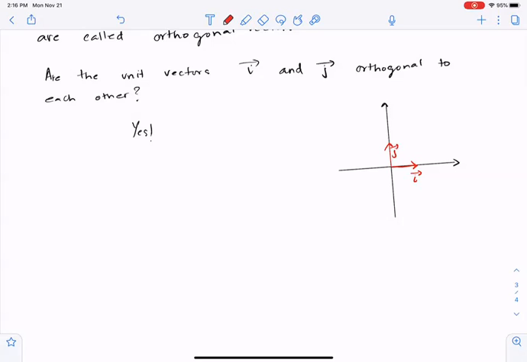Just by looking at it, they are at a 90-degree angle, so they are orthogonal to each other. This applies to any unit vector, the basic ones i, j, k, and in higher dimensions. They're always orthogonal.